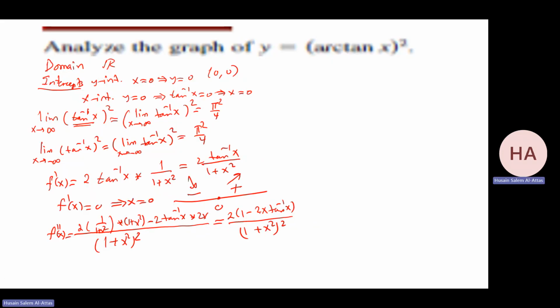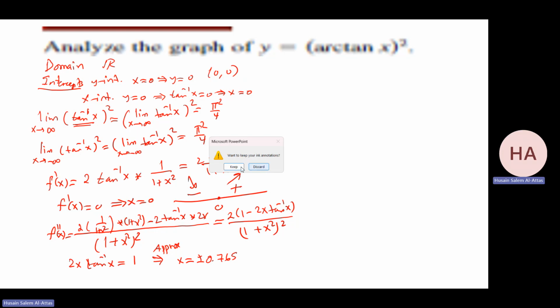So I need 2x tan inverse of x equal 1. This is an approximation, x equals plus or minus 0.765, something like this.